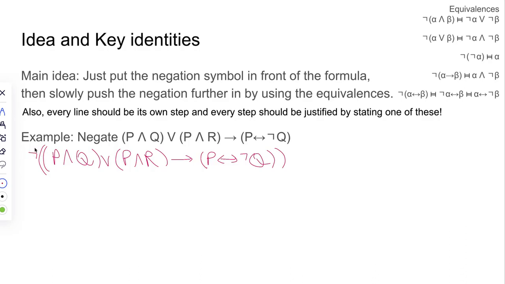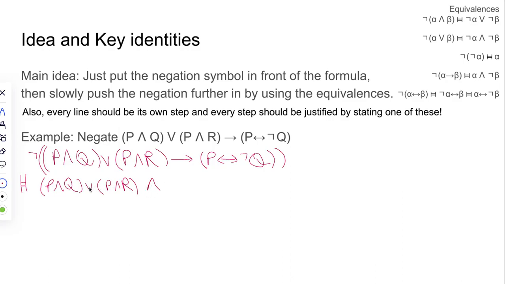So goodbye negation sign. We're going to write this symbol here, which means logical equivalence for those of you who have forgotten. And then the left-hand side of the arrow remains unchanged. So we have P and Q or P and R. That's unchanged. This arrow turns into a conjunction.